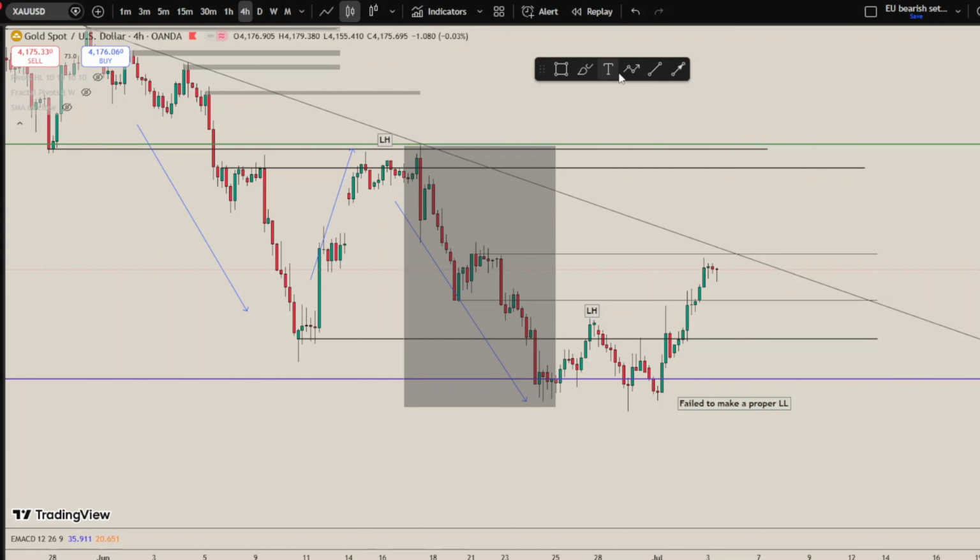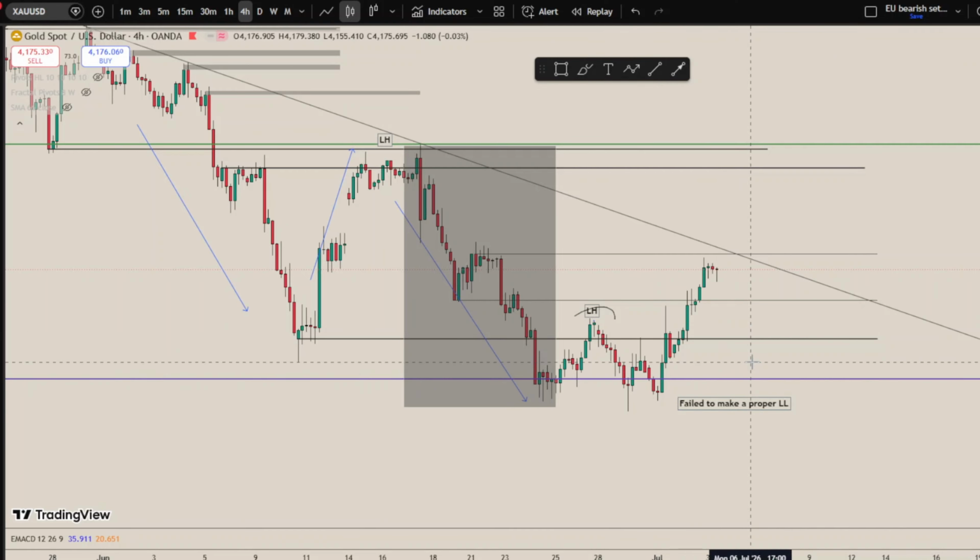The price finally came to make this lower high there, and after making that lower high, it's supposed to break below and make a lower low, but it couldn't.